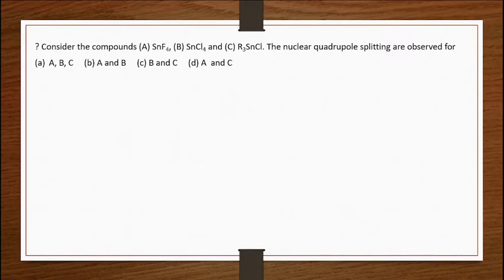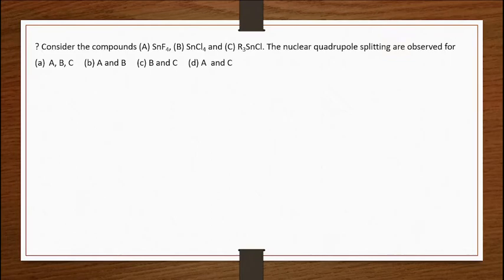But due to the difference in substitution, R3SnCl is not having any kind of symmetry, even though it is a tetrahedral structure. But in SnCl4, all the substituents are the same. It is forming tetrahedral symmetry. So there is no quadrupole splitting for SnCl4. While SnF4 is a polymeric structure, so there is asymmetry in the compound.